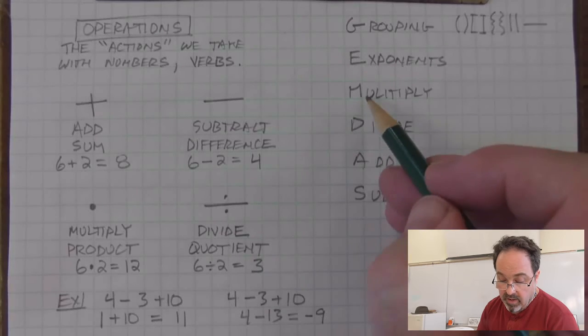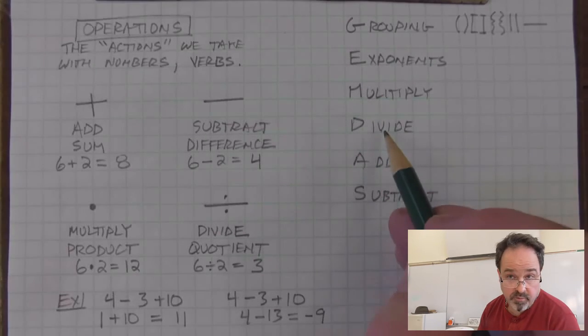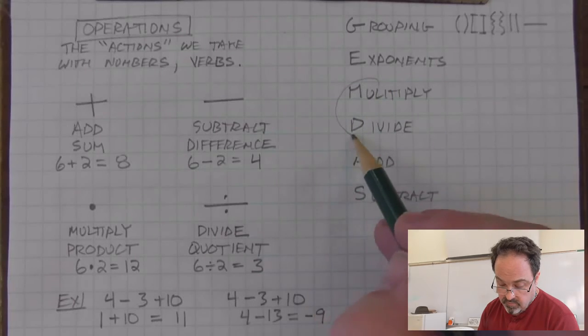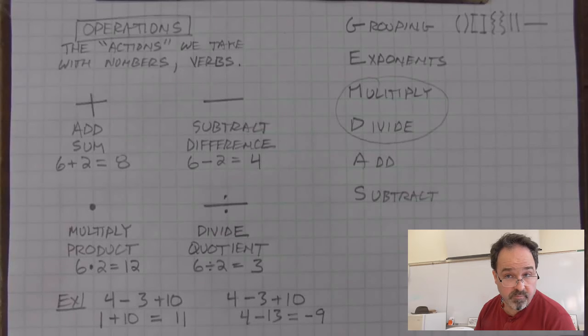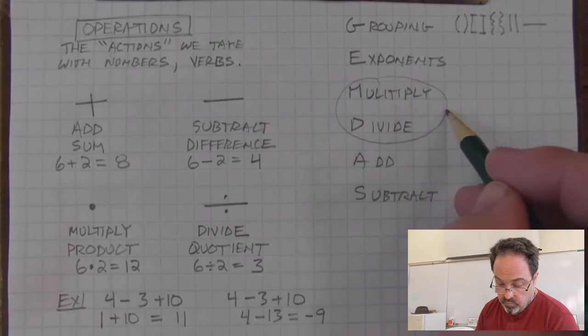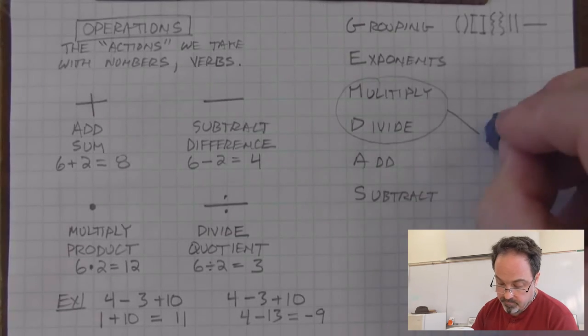Now, even though M comes before D, we don't really multiply before we divide. These are two sides of the same coin. We're going to learn to think of them as inverses of each other. We really do multiplication and division at the same time.